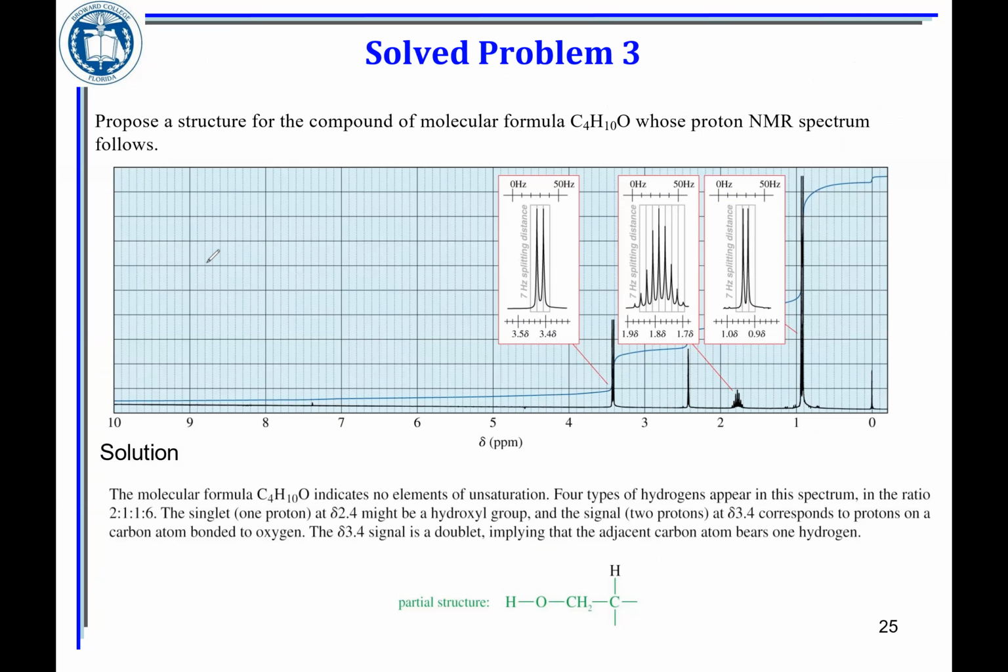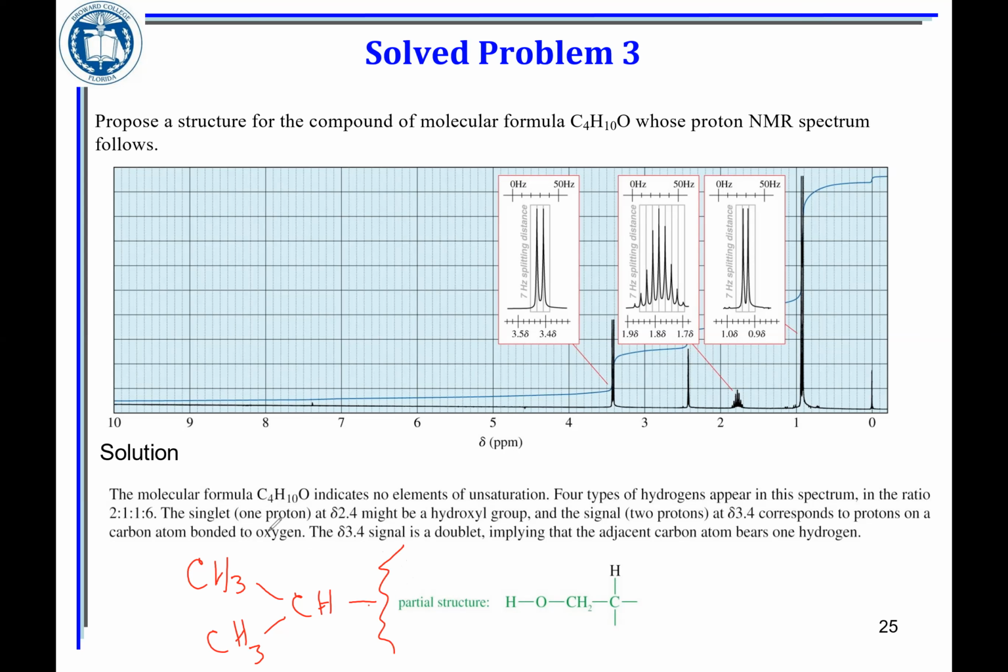Let's say you have an isopropyl group, which is CH3, CH, CH3. If you do have an isopropyl group, the NMR spectrum is going to show a characteristic pattern regardless of what you have on the other side.